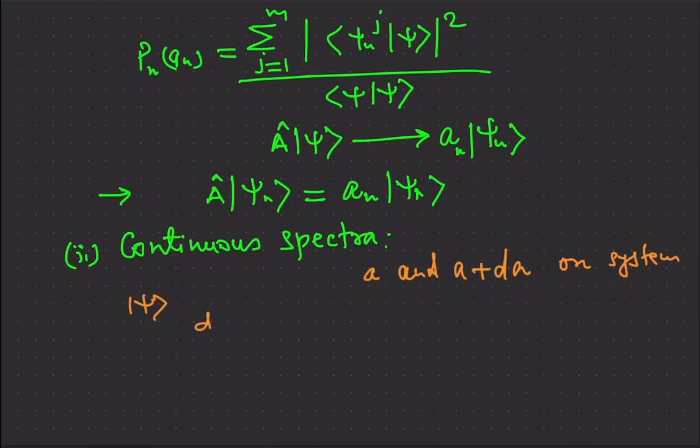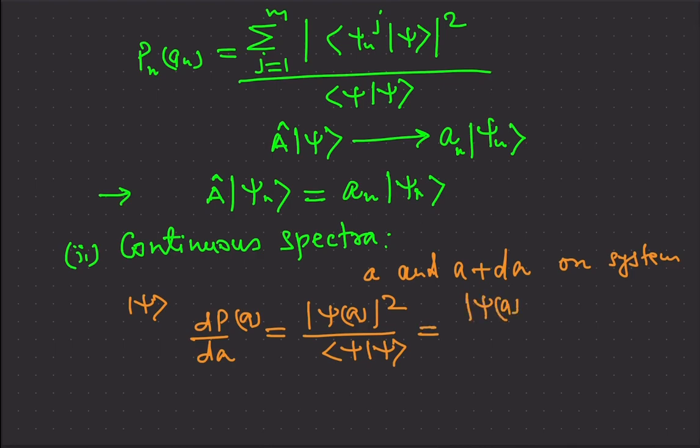Then dP/da is equal to the norm squared of psi a, divided by bracket psi psi, which is equal to the norm squared of psi a divided by the integration from minus infinity to infinity.